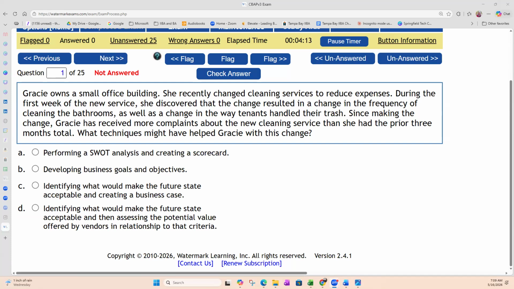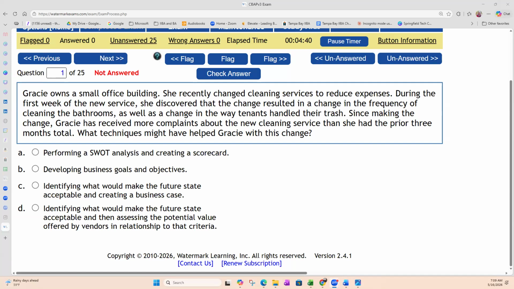Thank you, Jose. Can you quickly say why not A, why not B? SWOT analysis is a high level analysis on the strengths, weaknesses about the organization and any external factors of the organization.